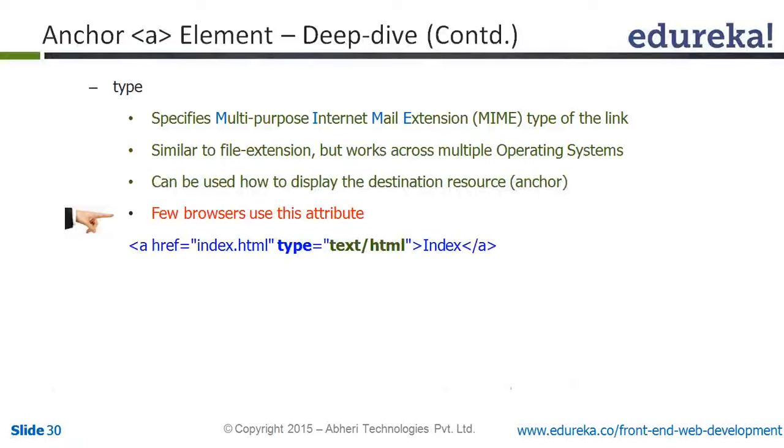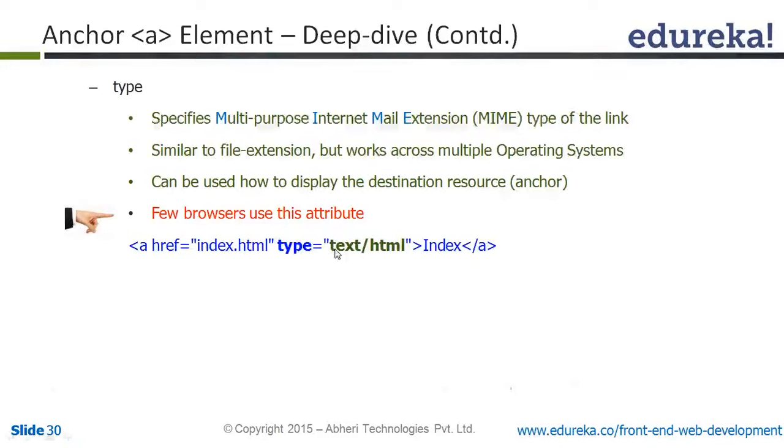Since it was popular and quite a stable feature in SMTP mails, the same thing has been adopted by the HTTP standard, to tell what type of resource something is. You can specify it using the type.